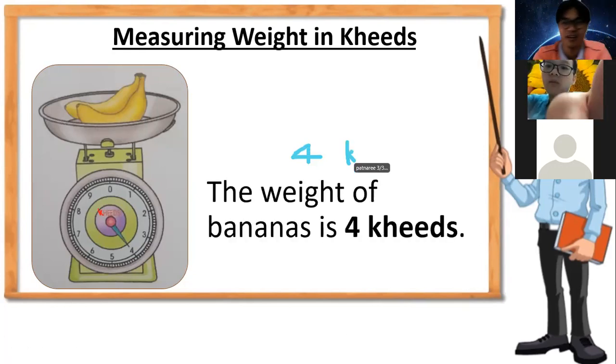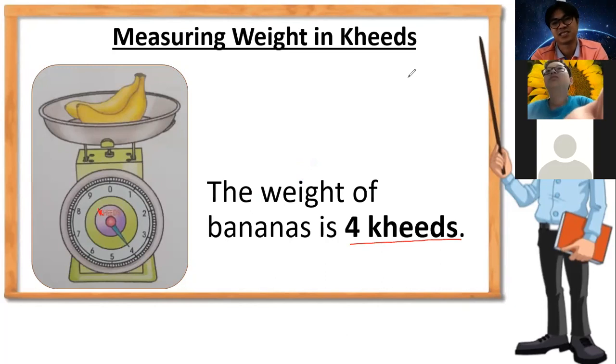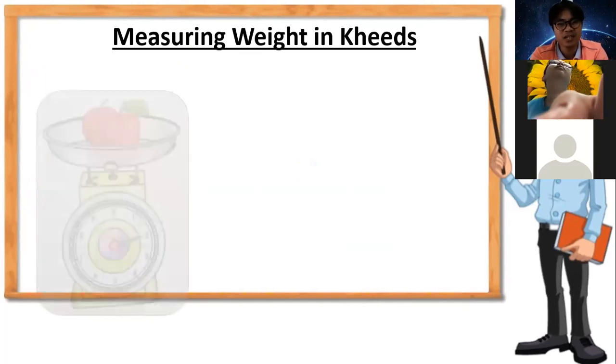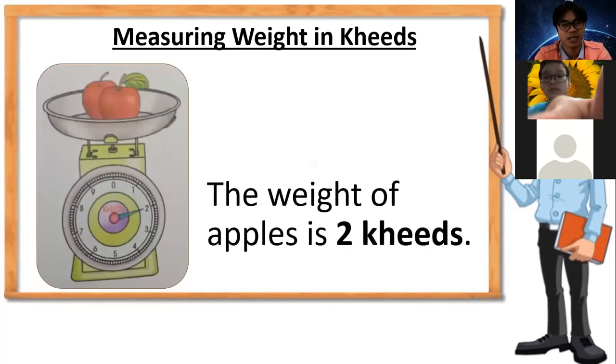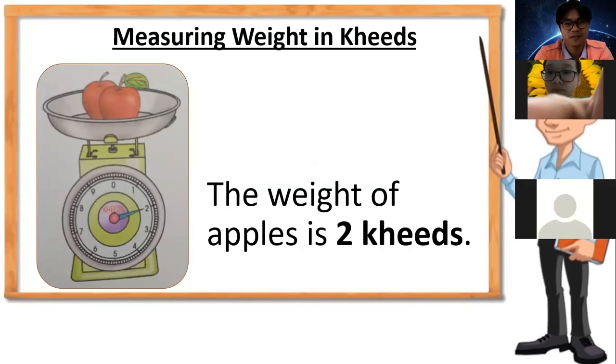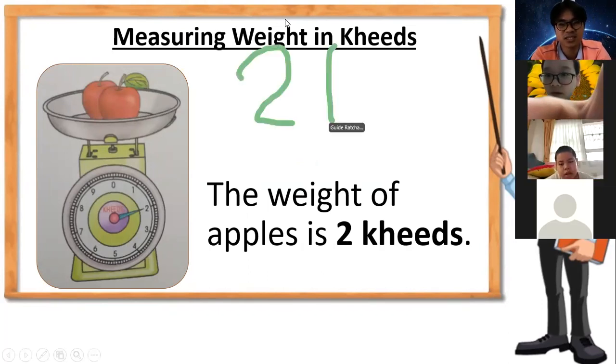So the weight of the bananas is 4 kids. All right. Next, another example here. What is the weight of the apples? The weight of apples is 2 kids.